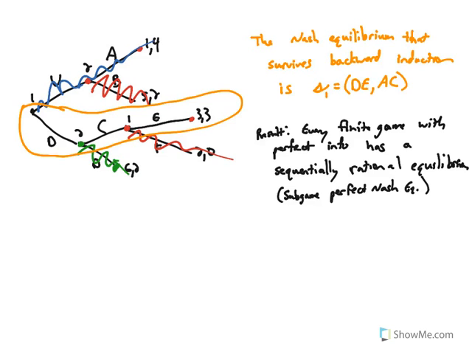So here, let's see, player 1 at her second information set of the game, so up here, right, this little purple node, could have said she was going to play F, right? And that's a payoff of 2. That, of course, would not be a rational thing to do if she actually reached that node.